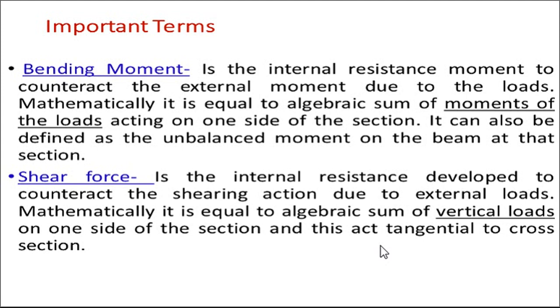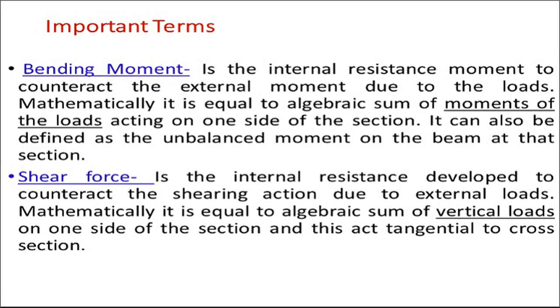Positive, if you are considering the sign, upward forces positive and downward forces negative, at that time you can take the algebraic sum. That is the algebraic sum of vertical loads on one side of the section, and this acts tangential to the cross section. If you take any section, there are tangential forces: one force in the upward direction, another in the downward direction, to balance that section.